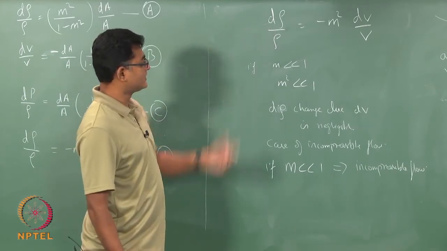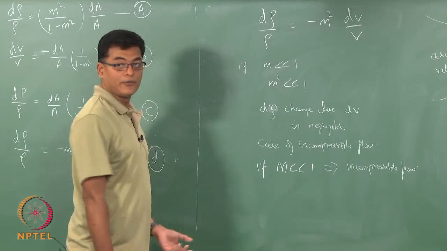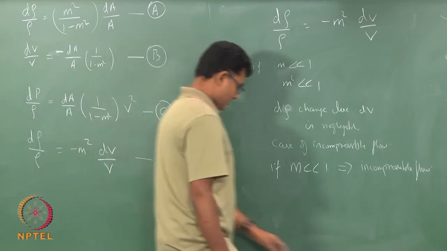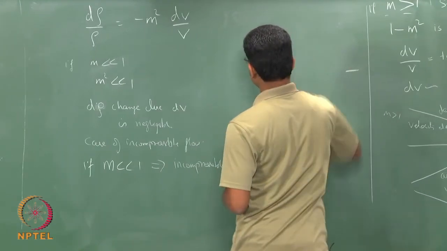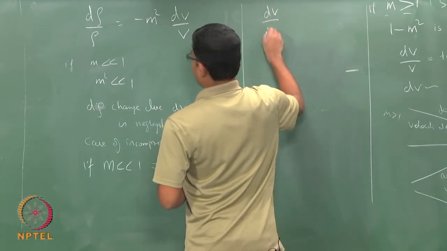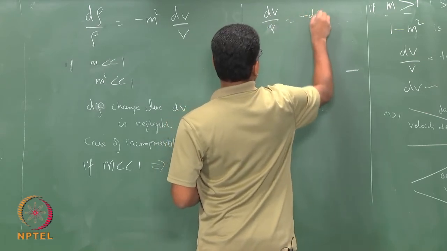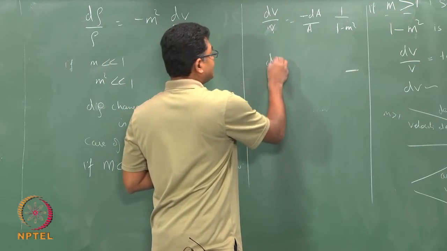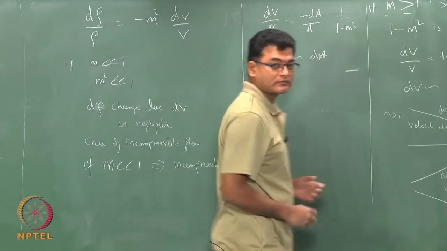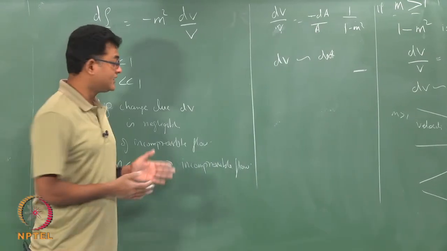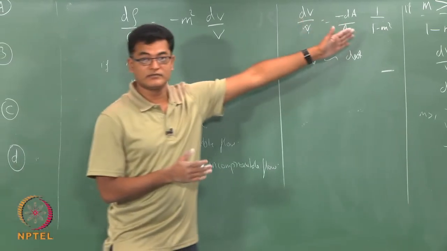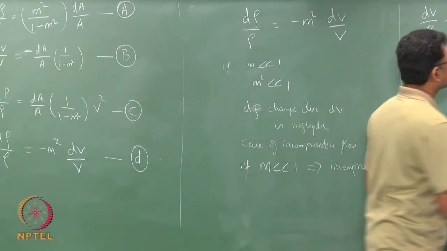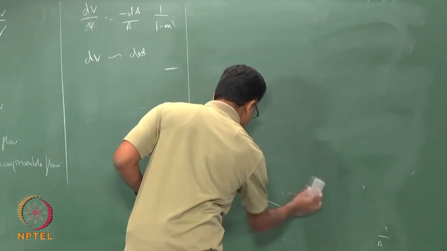So, if your density change is very small, for m equals a very small quantity, if I go back and look at equation B, dV by V equals minus dA by A into 1 minus m square. Now, m square is very very small. So, your balance is now between velocity and area. Now, if you look at it the other way around, let us take m equals 1.